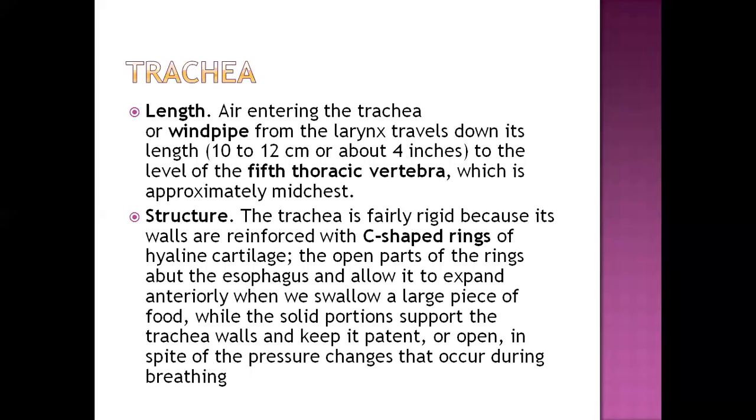After that, we come to a structure called trachea. Now, trachea is called a windpipe. Its location is at the level of fifth thoracic vertebra, which is approximately mid-chest. Structure. Trachea is fairly rigid because there are hyaline cartilages which are C-shaped all around. And trachea also helps to moisten and filter the air as it comes down.